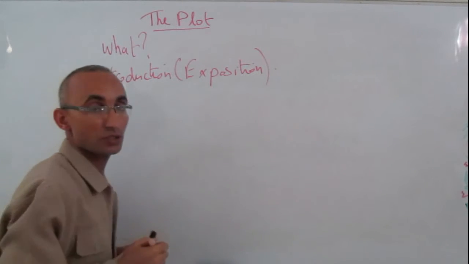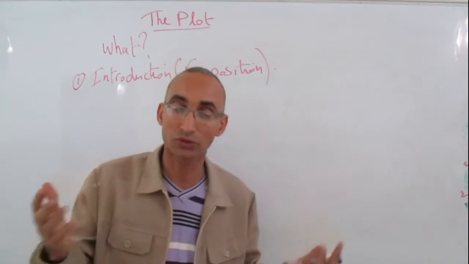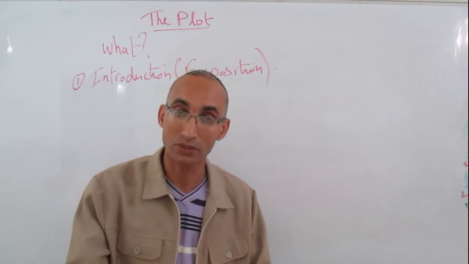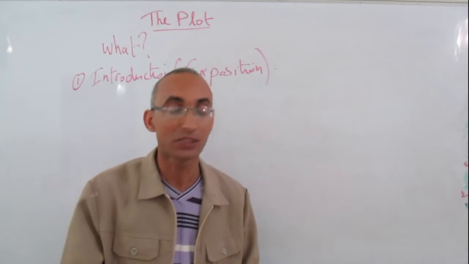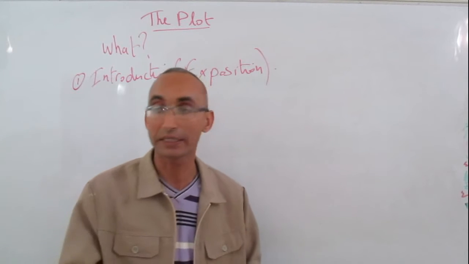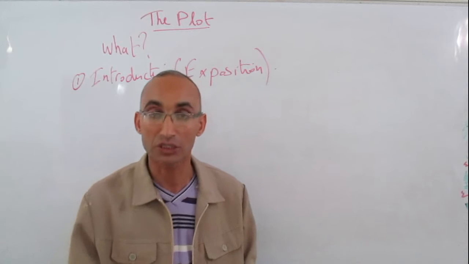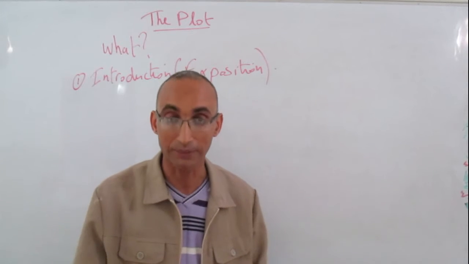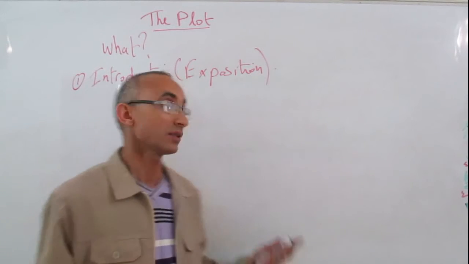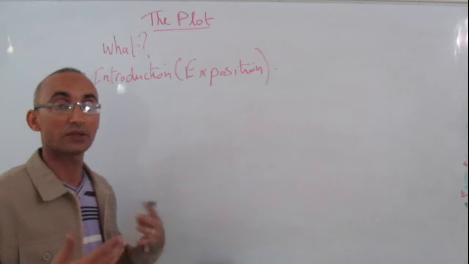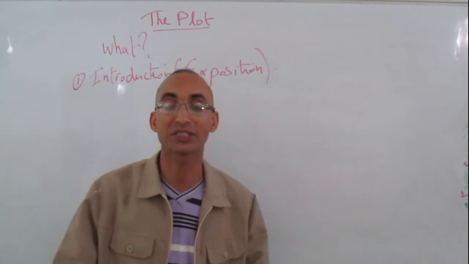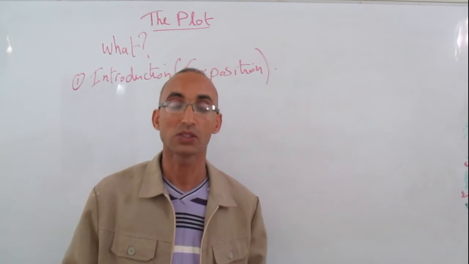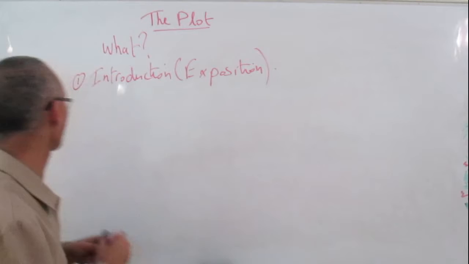At the start of any story, writers usually tend to introduce mainly the setting, the time, the place, the conditions, and the characters to the reader. So at this stage, we are going to learn about the characters and the setting mainly of this story. So here is the starting point.